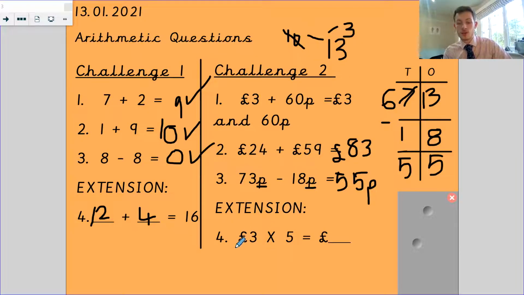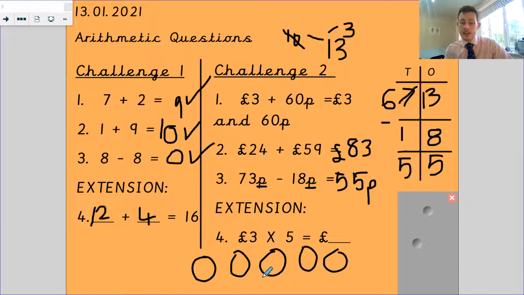Extension, we've got £3 and we've multiplied it by 5. So we've got 5 groups. So 1, 2, 3, 4, 5. In each group, I've got £3.